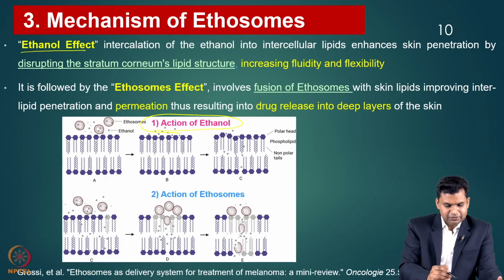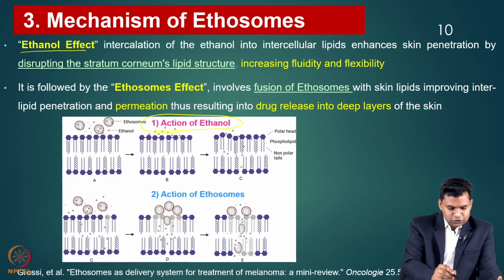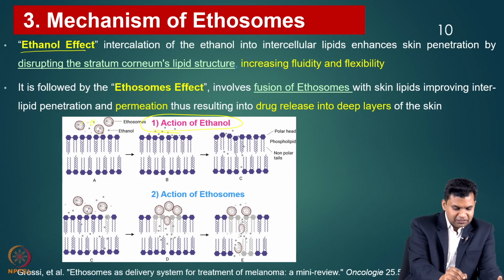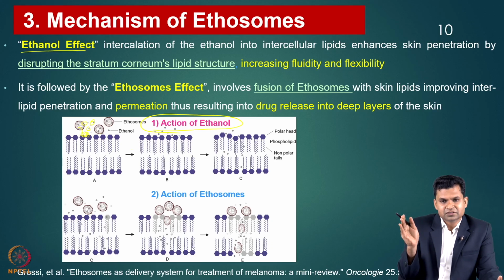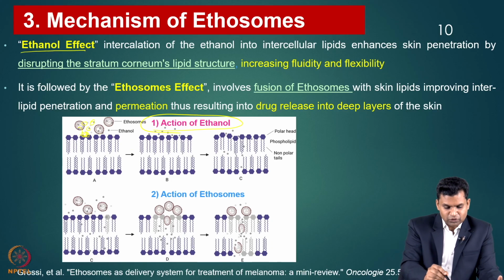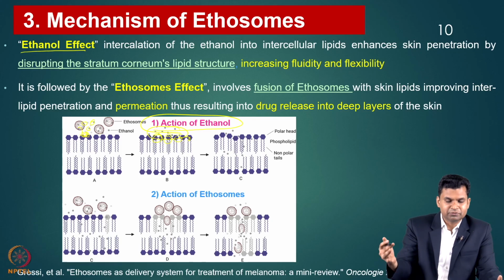Now, we will see the pictorial representation. Here you can see the action of ethanol. After administration, these particles are the ethanol which will release from the carrier. That is the first step, the interaction with the stratum corneum. After that, the ethanol will come out and interact with these lipid layers and disturb the stratum corneum lipid structure.